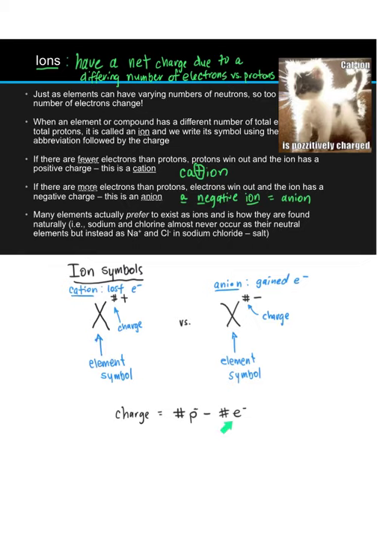Whenever there are more electrons than protons, we form anions, because that indicates an element has gained electrons. Whenever there are fewer electrons than protons, that indicates our ion is positively charged and that we must have lost electrons.